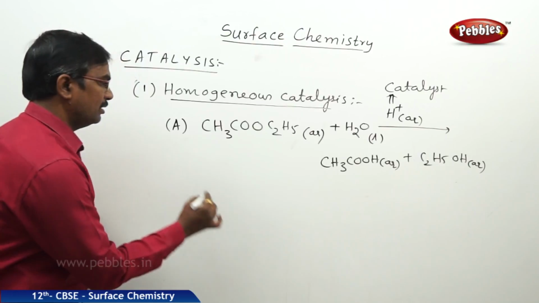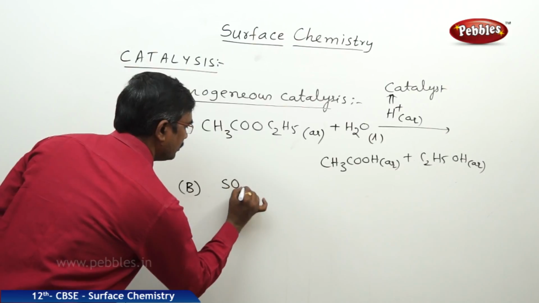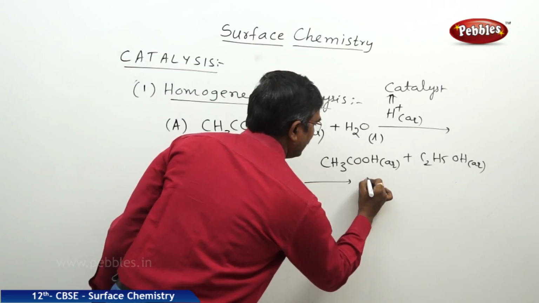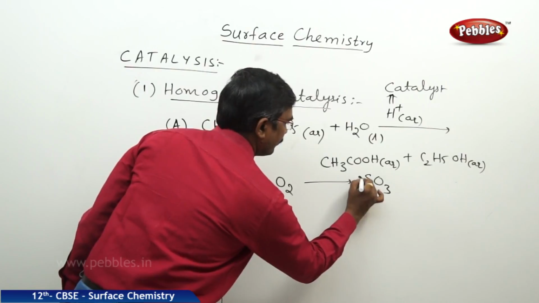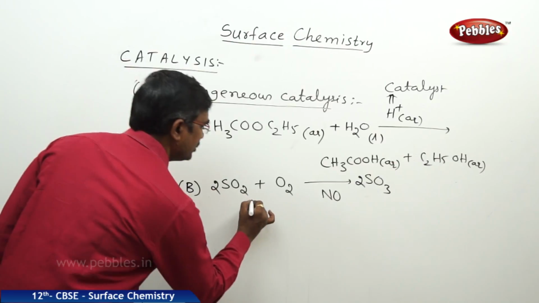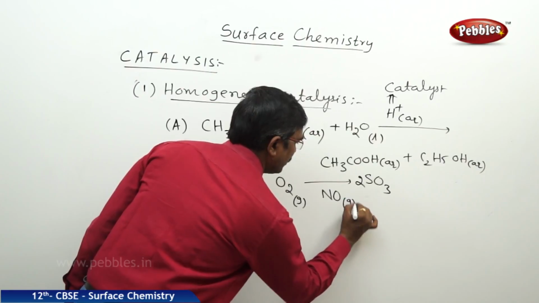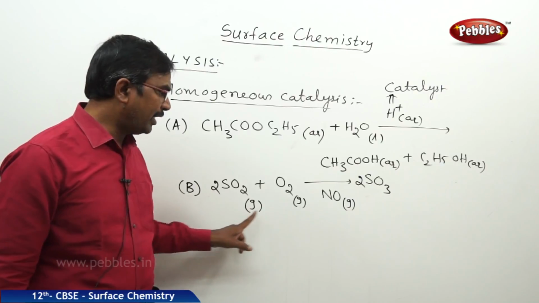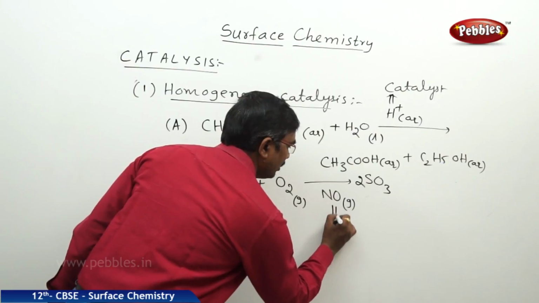And similarly, the conversion of sulfur dioxide into sulfur trioxide in the presence of nitric oxide. So SO2 is a gas, oxygen is a gas, NO is also a gas, which is nitric oxide. So here the reactants are gases, and the catalyst is also a gas. So here NO, nitric oxide, is the catalyst.